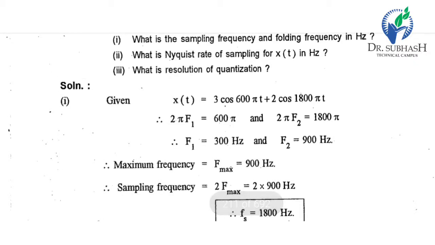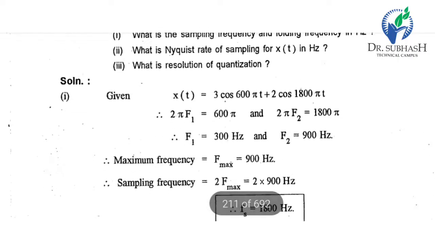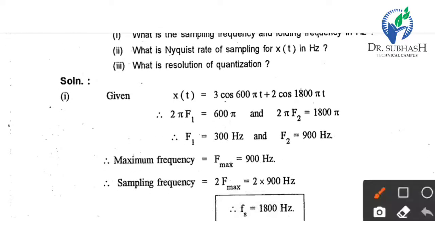So for the first, finding sampling frequency and folding frequency. So x of t is given as 3 cos 600 pi t plus 2 cos 1800 pi t. So we will compare with 2 pi f1 and 2 pi f2.